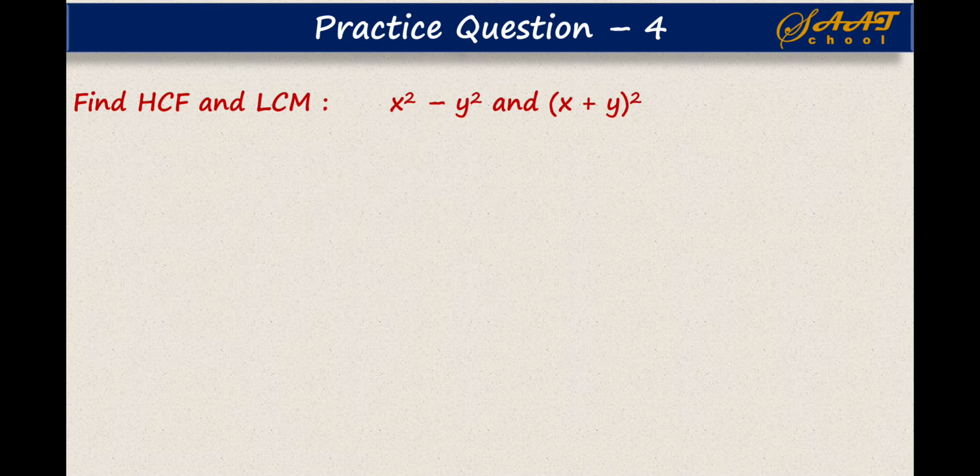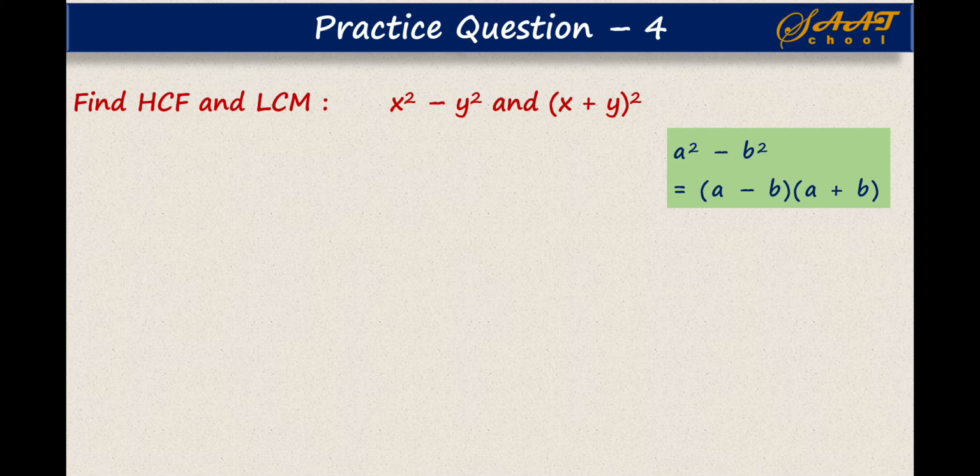So, here is practice question number 4. We have to find HCF and LCM between x square minus y square and x plus y whole square. The first expression, x square minus y square, is in the form of a square minus b square, which is equal to a minus b, a plus b.